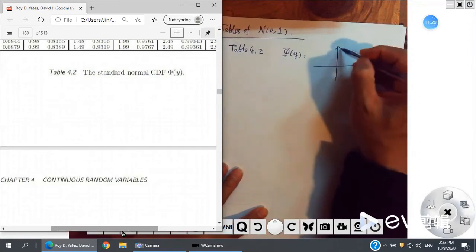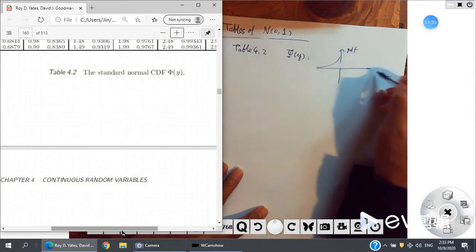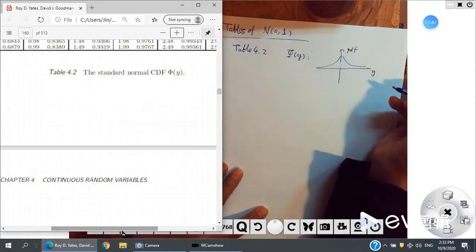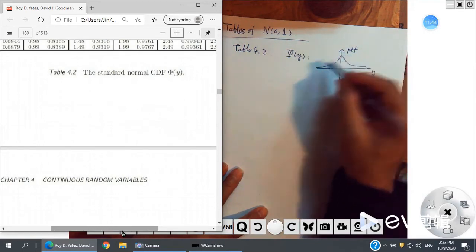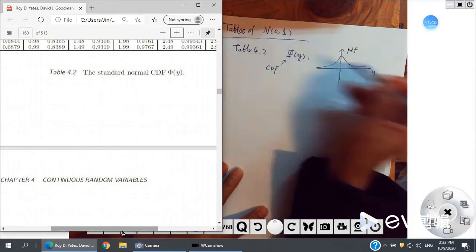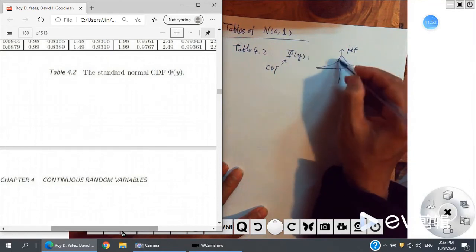If we check the PDF, the peak value will be at the place y equal to 0, right? So the curve looks like this. And what is CDF? CDF is the integral of the density function.